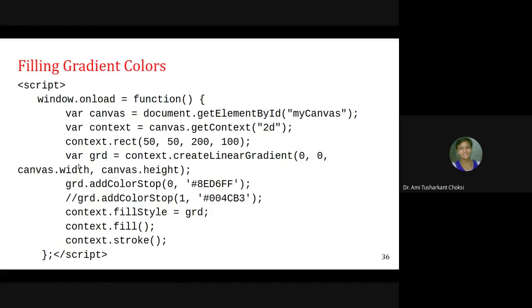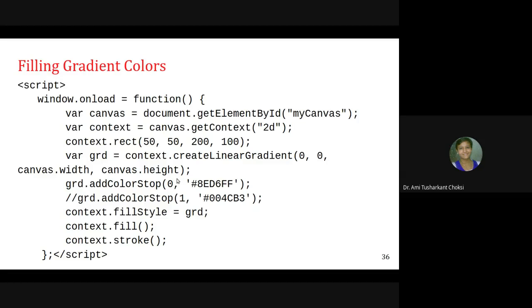After that, we initialize our variable gradient using context dot createLinearGradient, with 0 comma 0, canvas dot width comma canvas dot height. So how can we get the canvas width and height? That is using canvas dot width and canvas dot height, right?